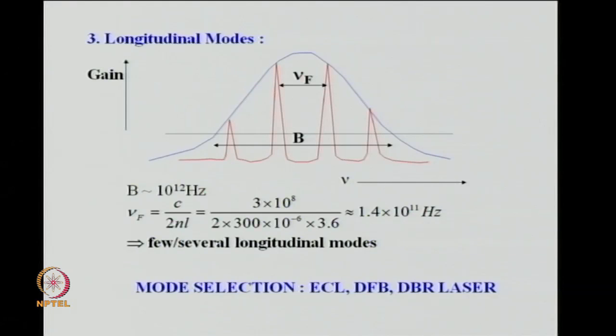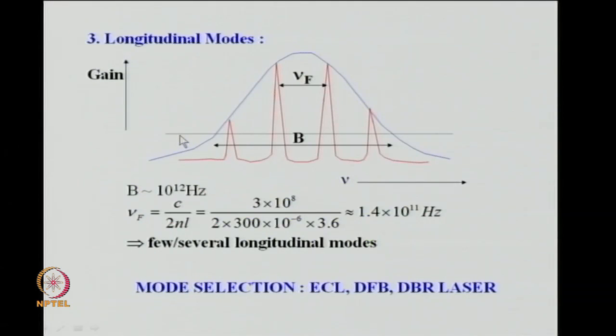Third property is the longitudinal modes. We have had some discussion here. What is shown with the blue line is the gain profile, and this is the frequency axis. You may recall that this horizontal line is the loss line, alpha r.